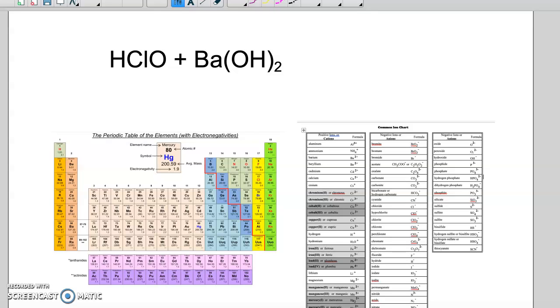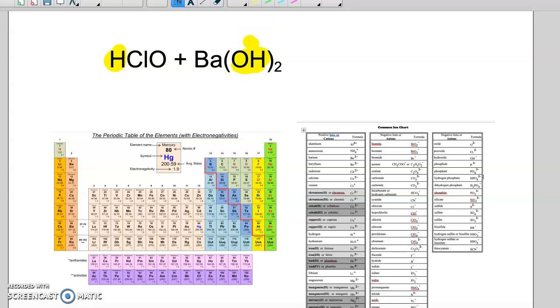I am going to just show you guys again how to do predicting products for double replacement reactions. So this is a specific type of double replacement reaction where it's an acid. I know it's an acid because it's starting with an H. And I know this is a base because it has OH.